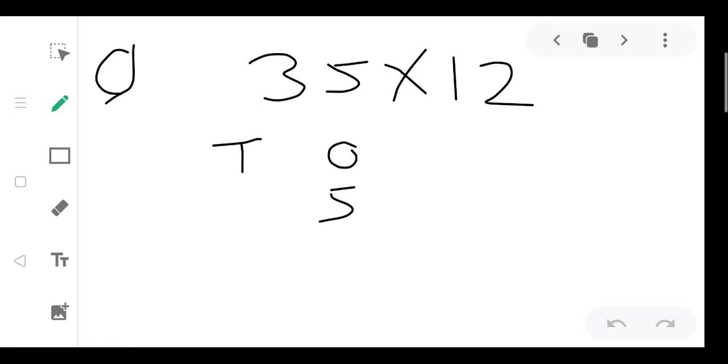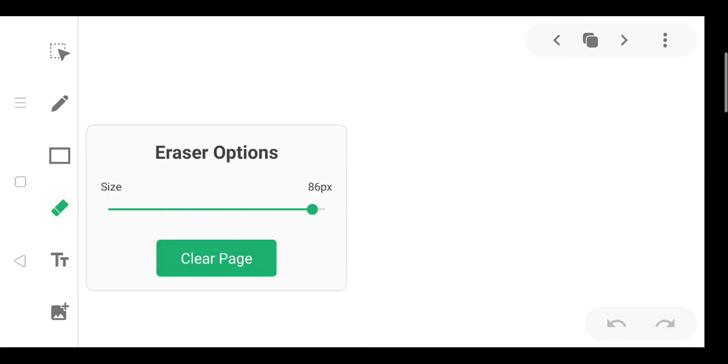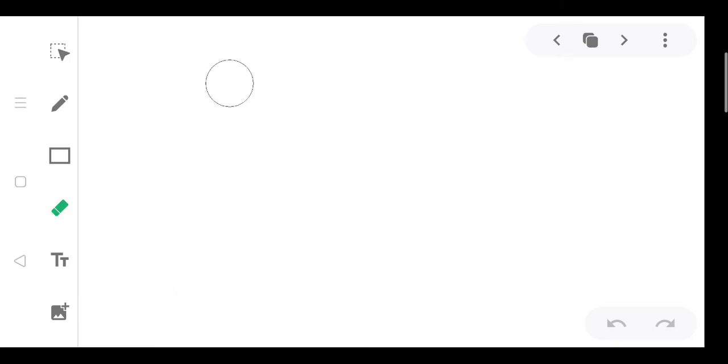Start digit writing from the right side, 3, 5. Put the sign of multiplication. Then write the multiplier. And now we will multiply it. For the multiplication, I am going to use a new page.